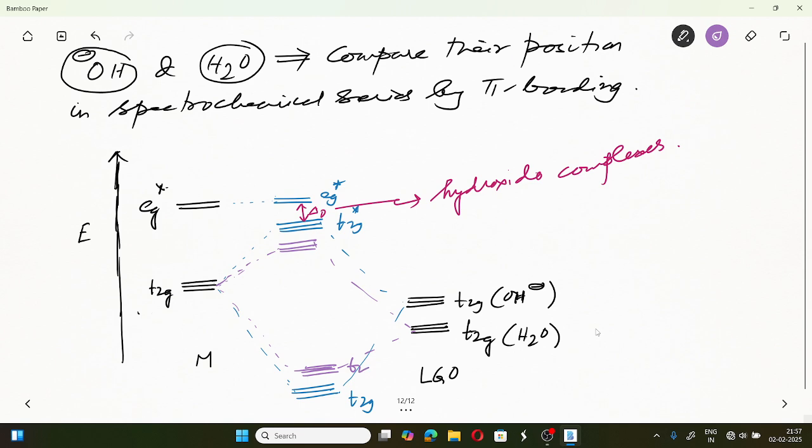So this is T2G, T2G star. So the del O for aqua complexes will be higher. So this is for aqua complexes.